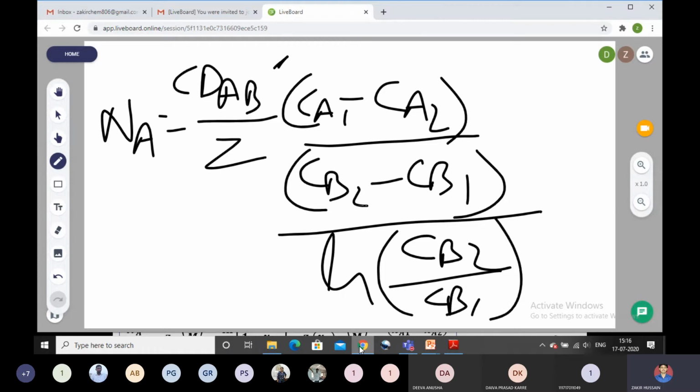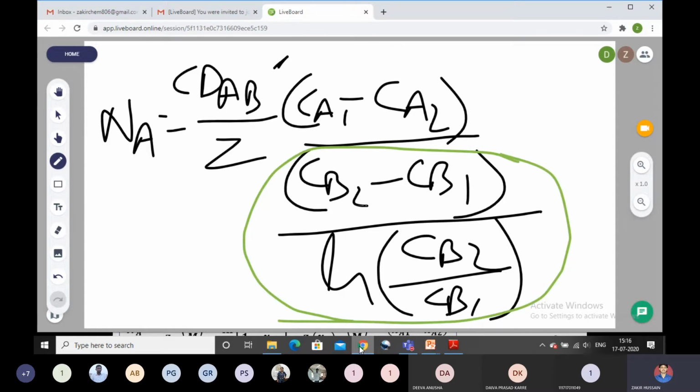Now what is this variable, CB2 minus CB1 divided by ln CB2 by CB1? This is nothing but what we call CB log mean, or in some textbooks it is given as CBM.